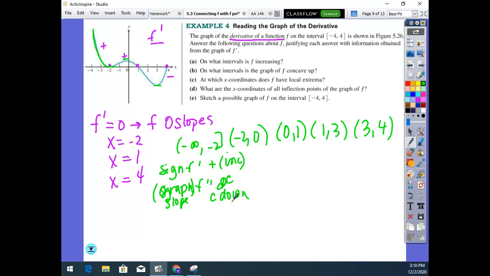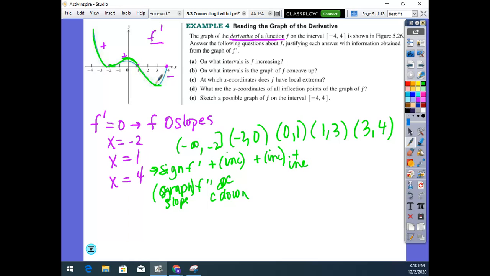So this gets a little confusing, so just bear with me. Maybe let's focus first on the sign of f prime. So from negative 2 to 0, it's still positive, so it's still increasing. 0 to 1, see how f prime is still above the x-axis, still increasing.